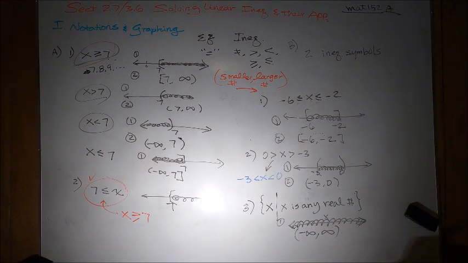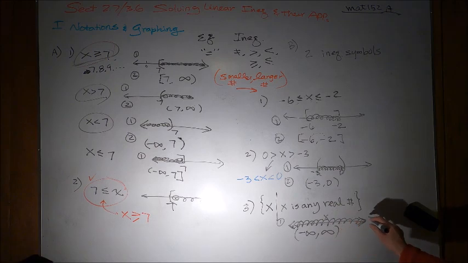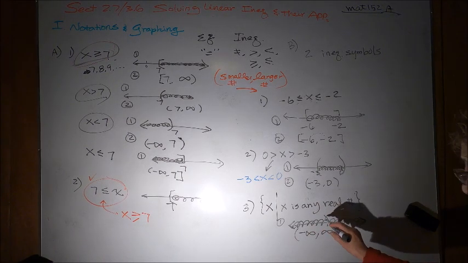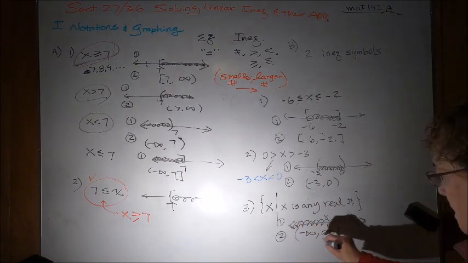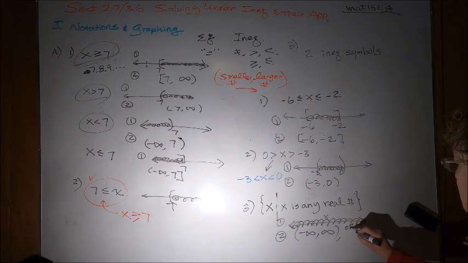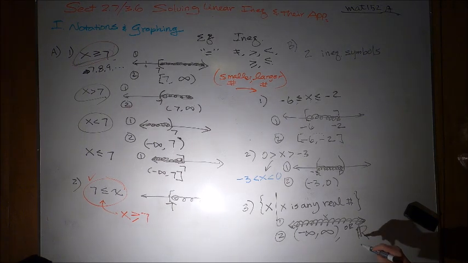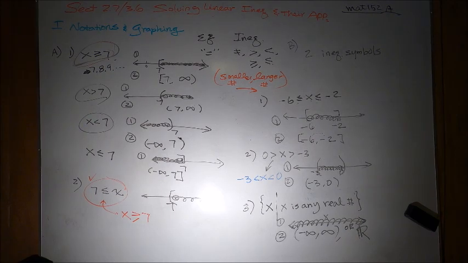Then use parentheses, right? That one is the graphing. Another way is the interval notation. Also, we can use the Roman letter R for real numbers, but with a double strike, right? We have two ways of showing.